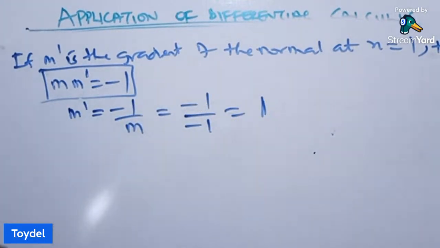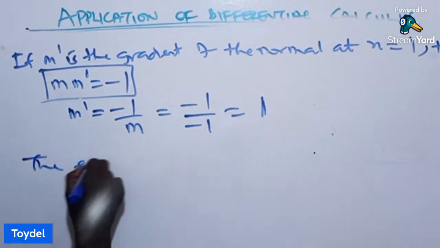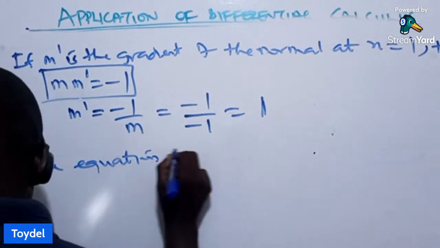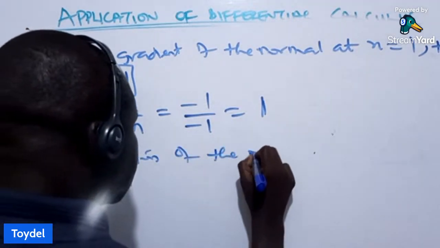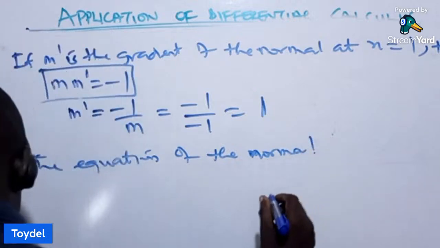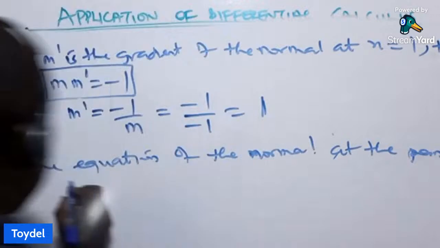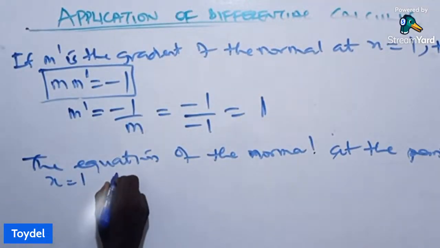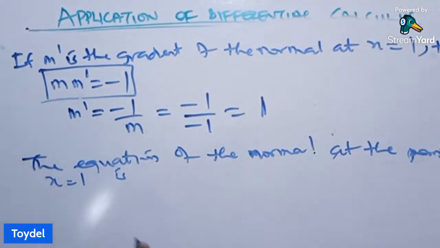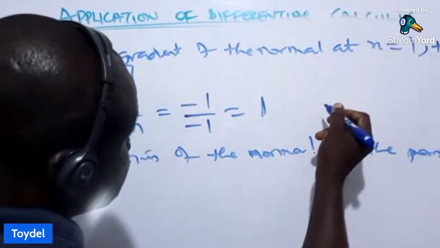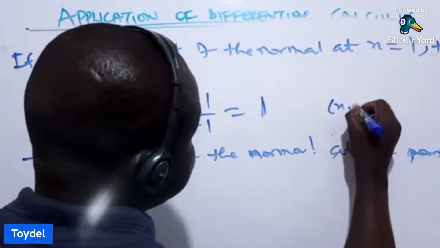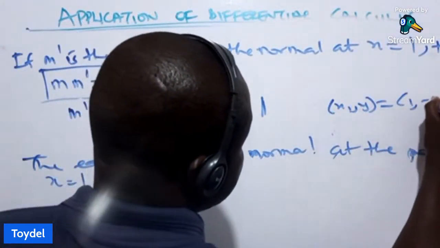It will be 1. Then the equation of the normal at the point x is equal to 1 is, of course, we have gotten the value of x1, y1 to be 1 and minus 6.